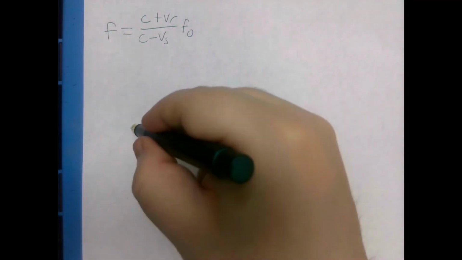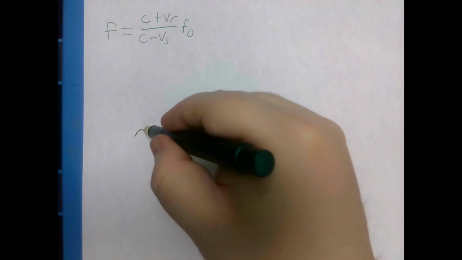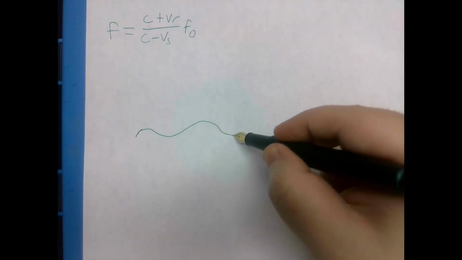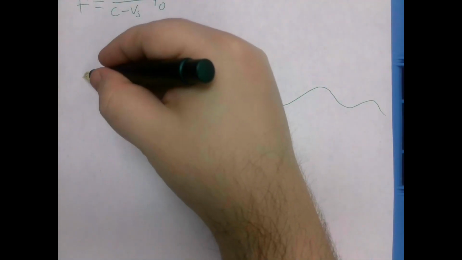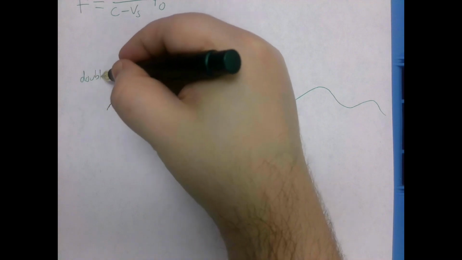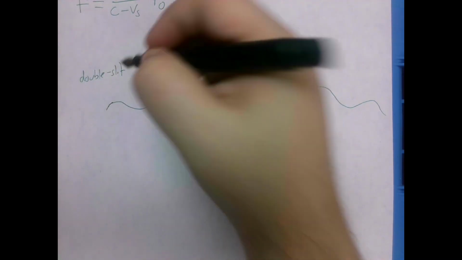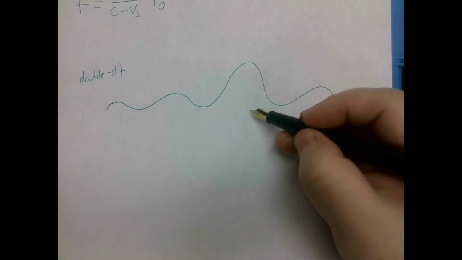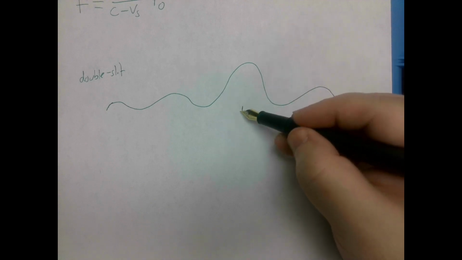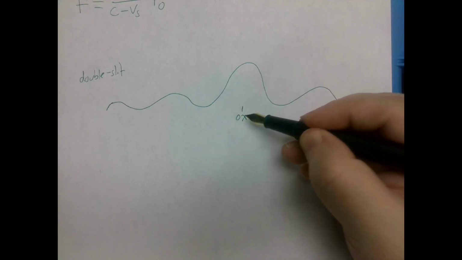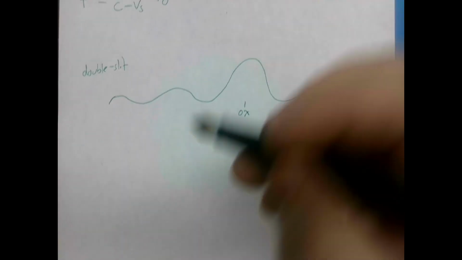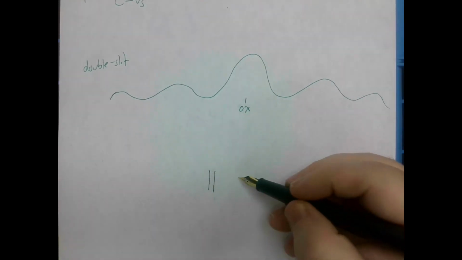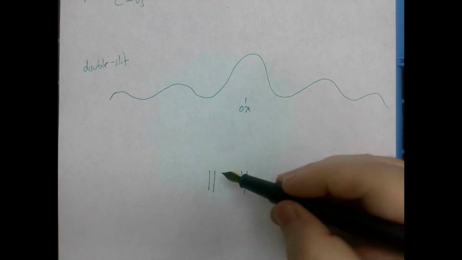So if I have a wall, and this is for multi-slit or double slit, this would correspond to a difference of 0 wavelengths. Remember that we have two slits that light can go through.